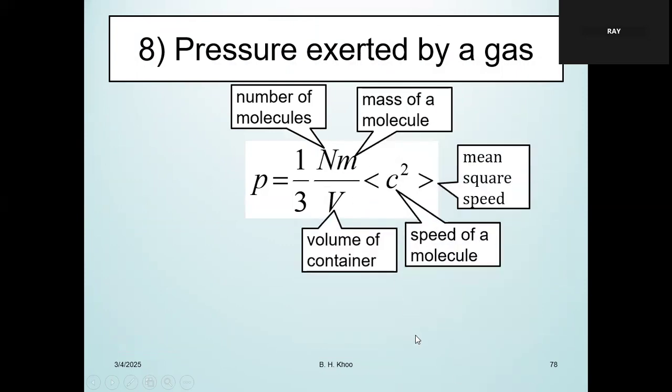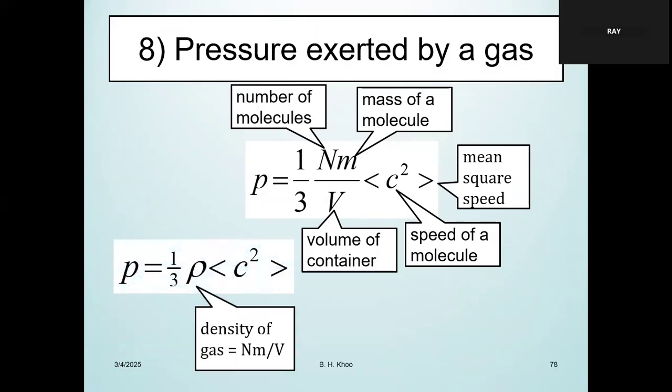Right? This one is given in the formula sheet that you'll be given for your paper. You must know what the terms mean, what each of the symbols means. There's an alternative formula, but this one is given in the formula sheet.